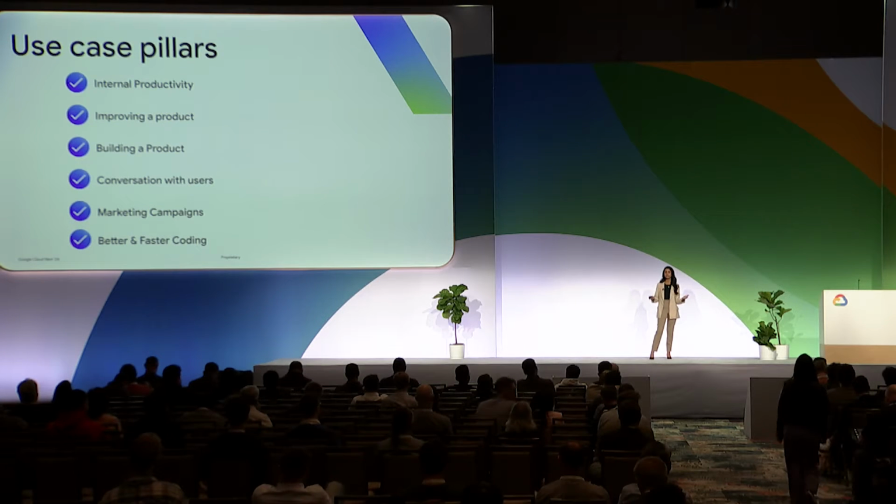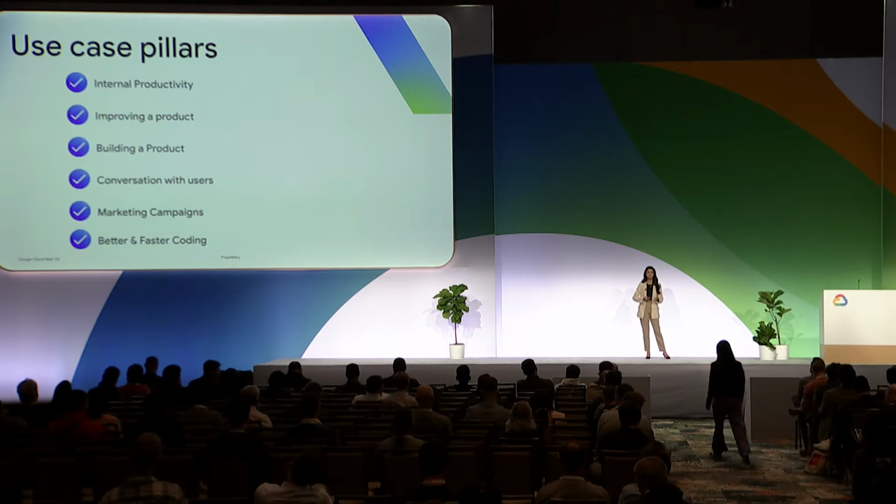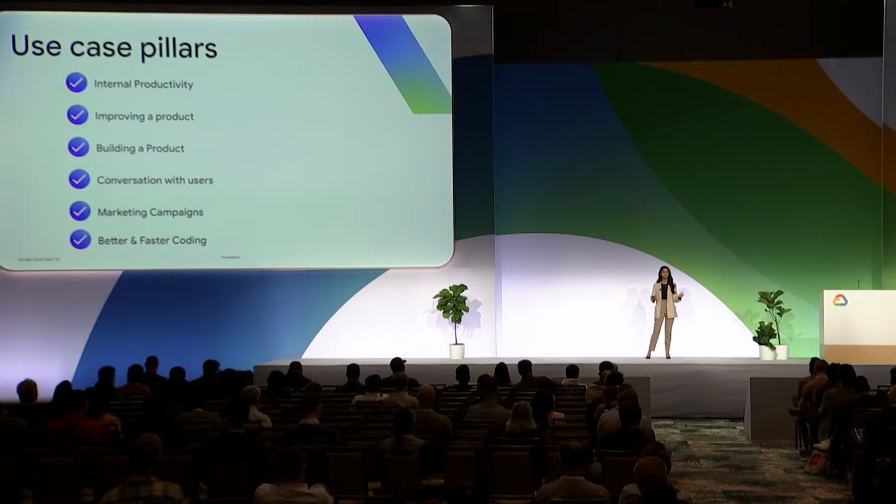Maybe you're really early stage as a startup, right? So those are key. And then conversation with users, as a startup or small business, I'm sure most of you don't have a ton of resources to be able to one-on-one interact with every single customer, right? So I see a lot of customers wanting to interact with their user base more effectively using Gen AI.